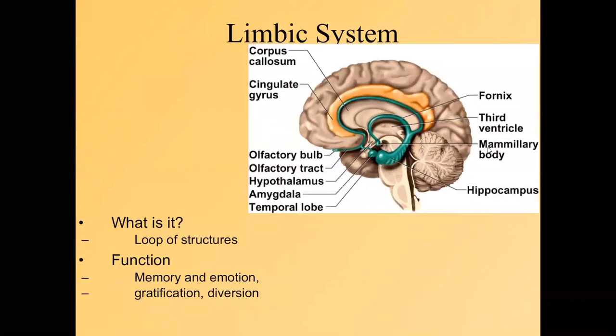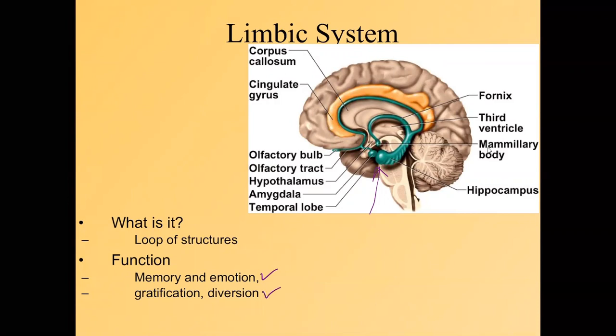Now the limbic system. The limbic system is kind of cool because it's how you remember things. It's this loop of structures, highlighted in this teal color. They have to do with memory, emotion, and gratification.